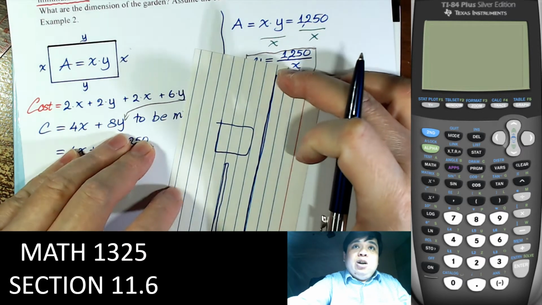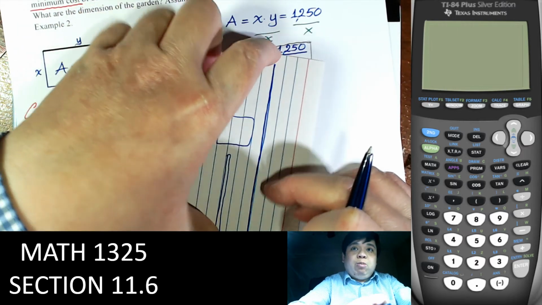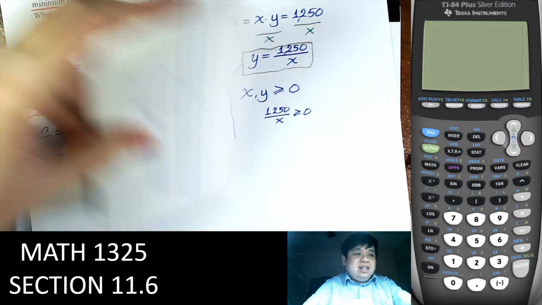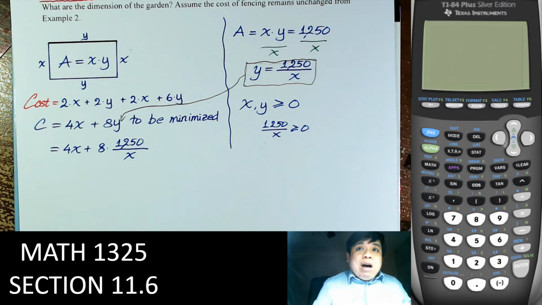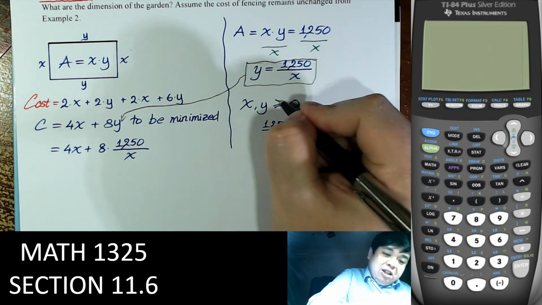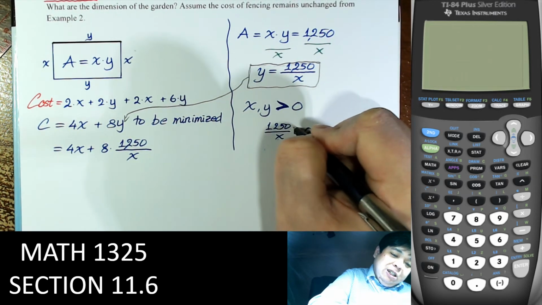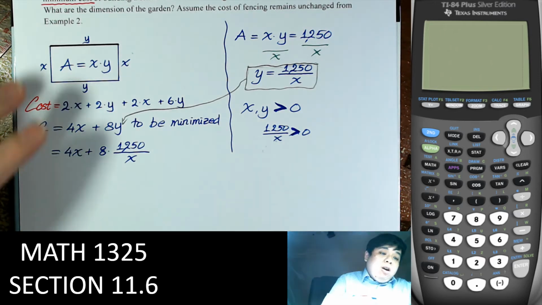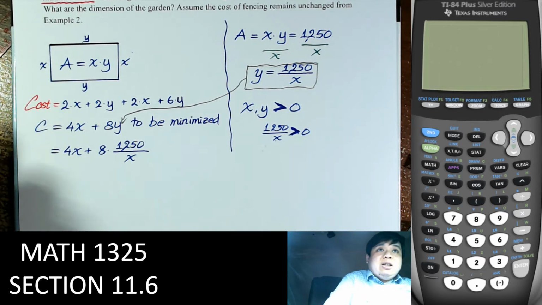The area of that very thin rectangle probably could be the same as that. So in that case, the only boundary we have is greater than 0, from 0 to infinity. It cannot be 0 though, because we cannot divide by 0.